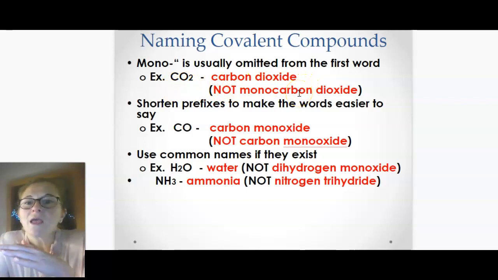We don't say monocarbon dioxide. We just say carbon dioxide. We don't put that mono on the first one. But if we're looking at carbon monoxide, we do put that mono on the second one. That's the only little caveat rule that we have in covalent bonding.